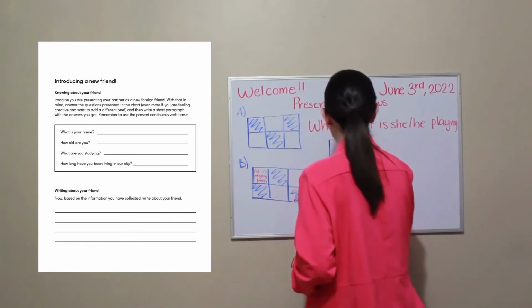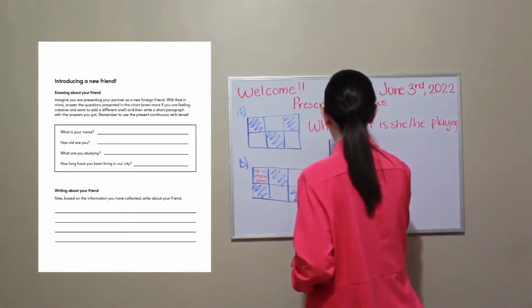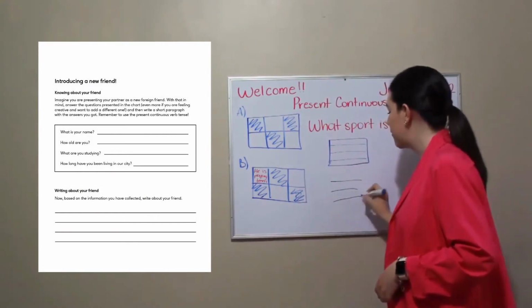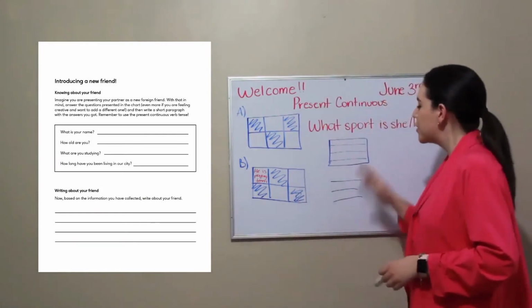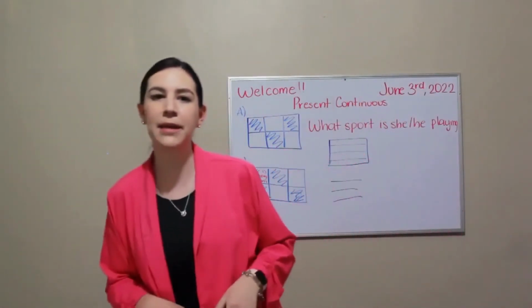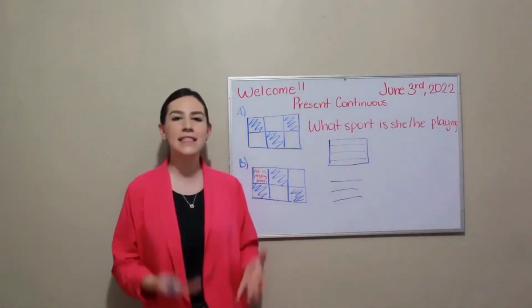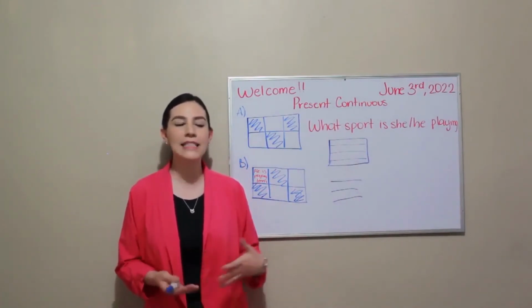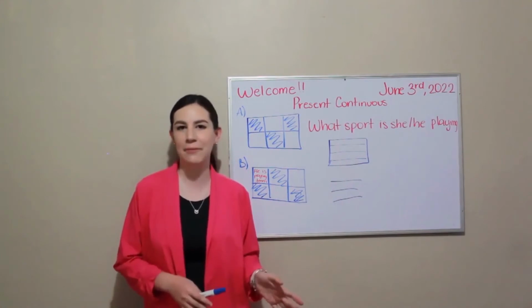They come in a chart like this, I believe. And then you have a space to write a paragraph. Okay? So you're going to be asking, what is his name? How old is he? What is he studying? And finally, how many years has he been living in this city?